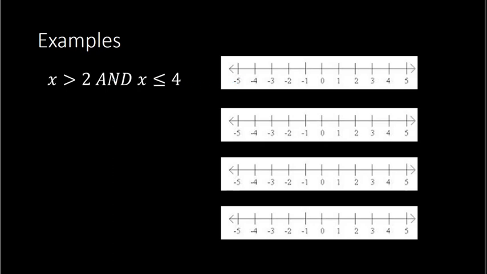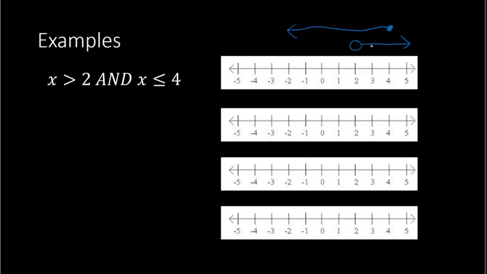The way that I do this with an and statement is I sketch above the actual number line first to help me visualize what I'm actually going to shade in as my final answer. So looking at x is greater than 2, we're going to have an open circle at 2, and that shades to the right. For x is less than or equal to 4, that's going to be a closed circle at 4, that's going to shade to the left.